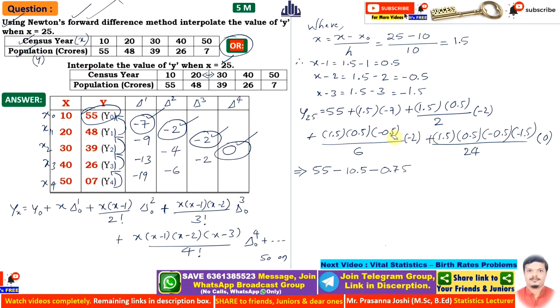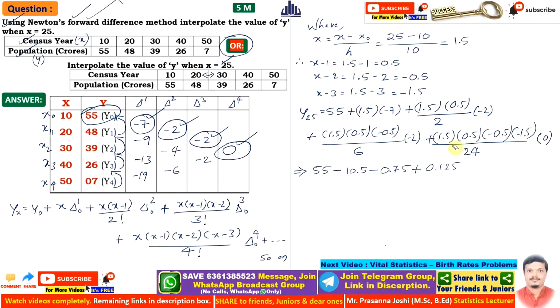Then plus into plus, that is plus, plus into minus, that is minus, then minus into this minus, plus. So the sign becomes plus. So 1.5, 0.5, 0.5 and 2. These 4 are to be multiplied, and that is to be divided by 6. What value we are going to get? 0.125.